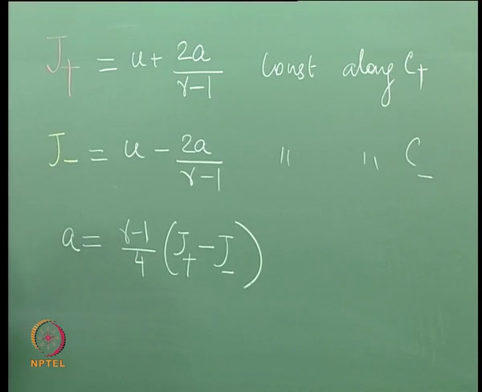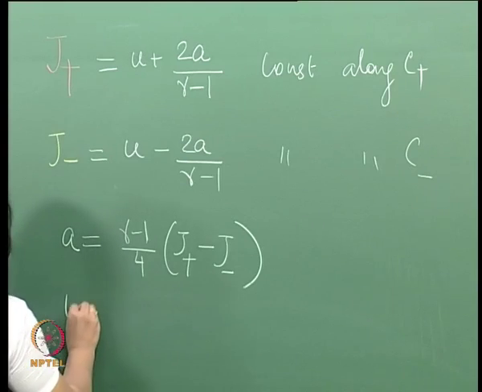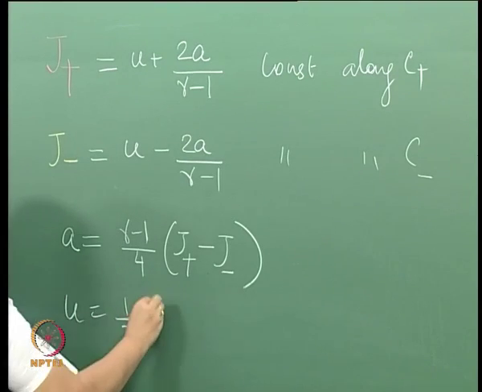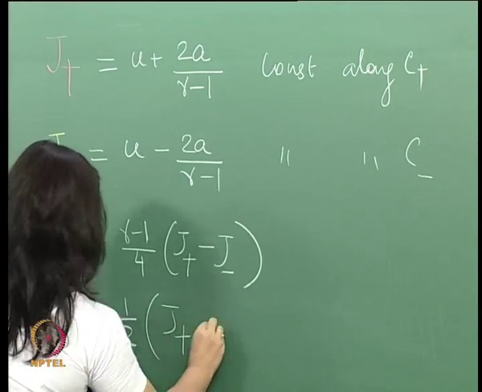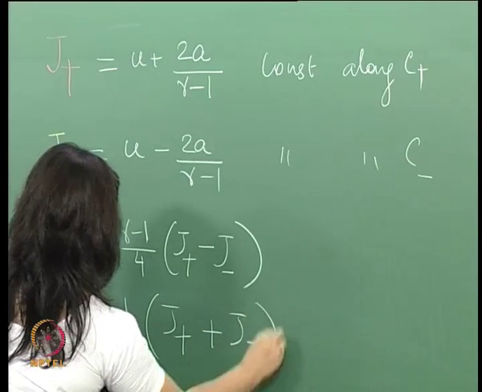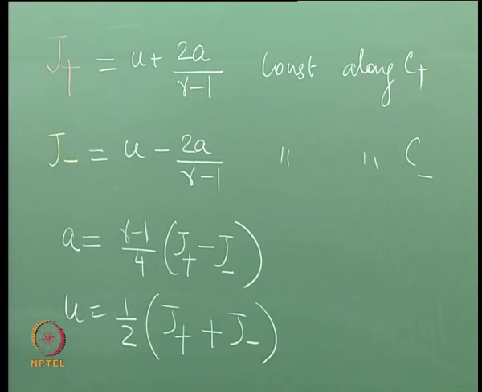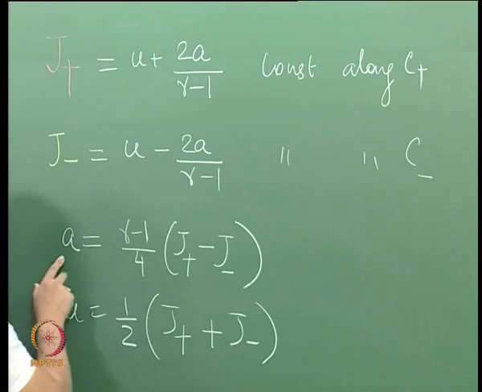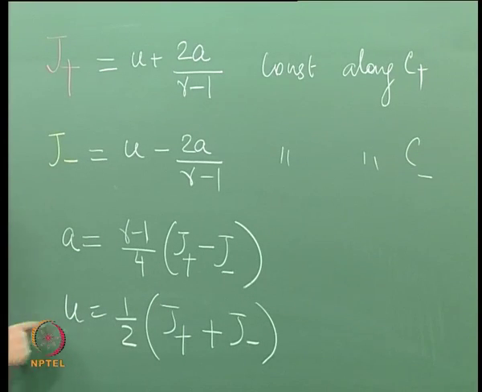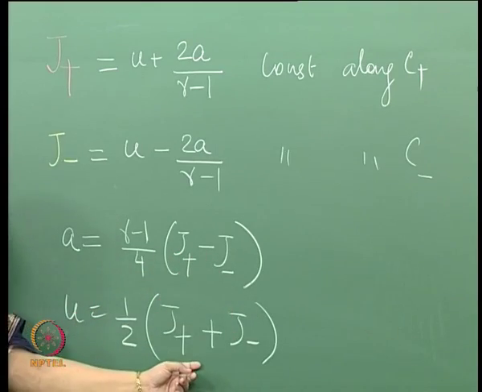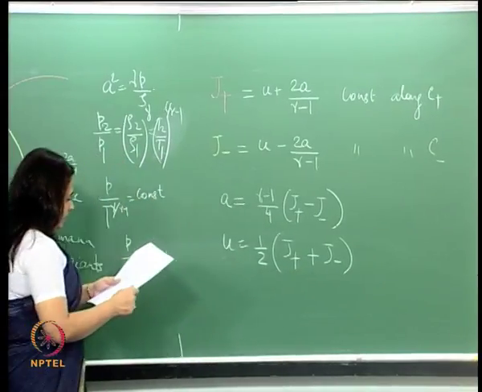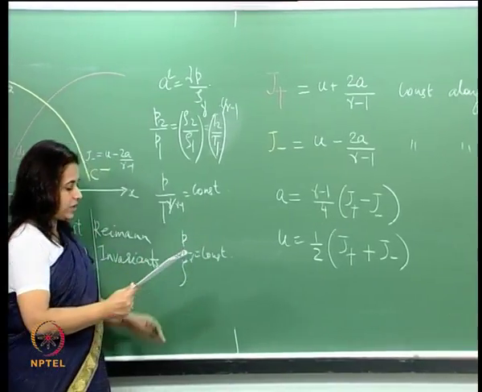You can cross check this. And U is J plus plus J minus. So I am basically writing the speed of sound and the local velocity in terms of the Riemann invariants.